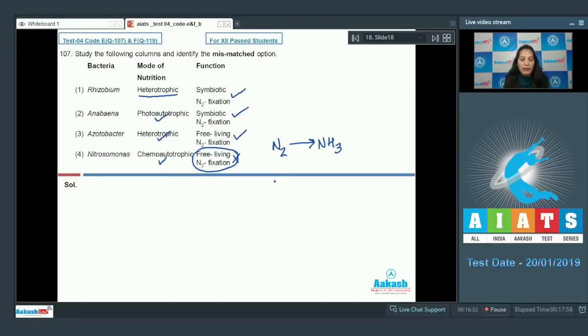Nitrosomonas is a nitrifying bacteria which converts ammonia into nitrite. So this is the function of Nitrosomonas. So this option is the mismatched one. So the correct option for the given question is option number 4. Let's move on to the next question.